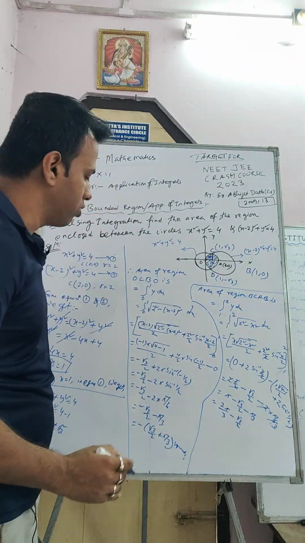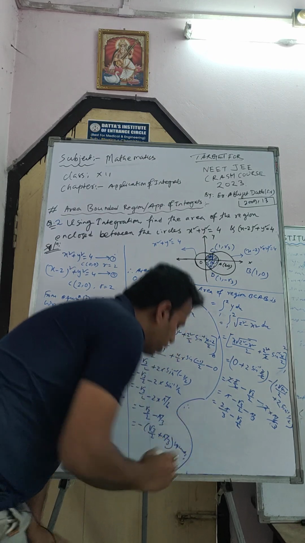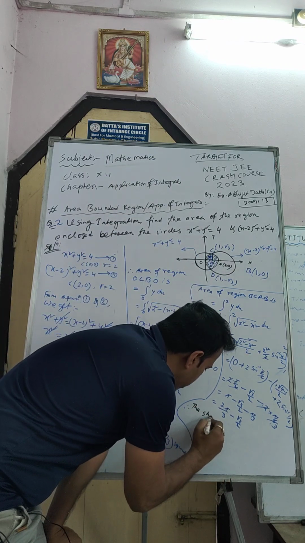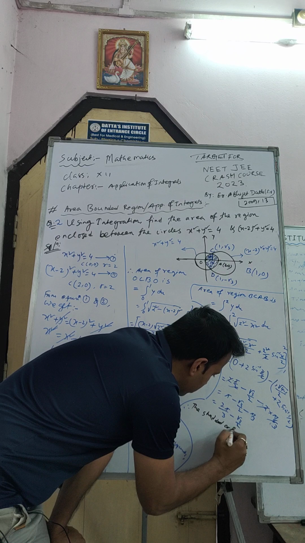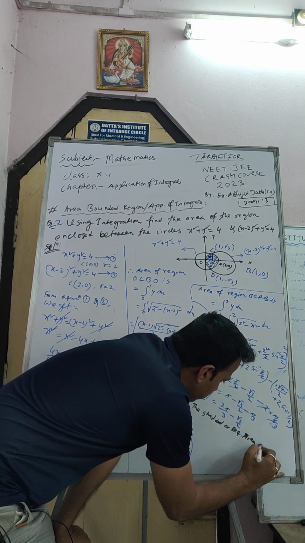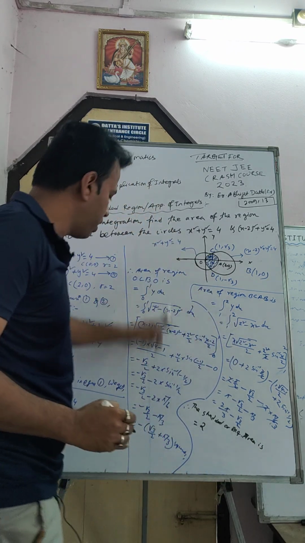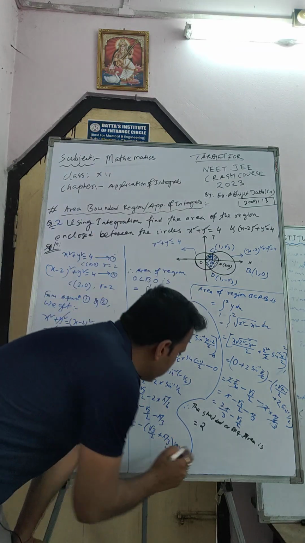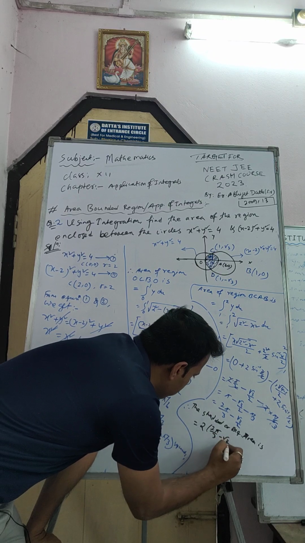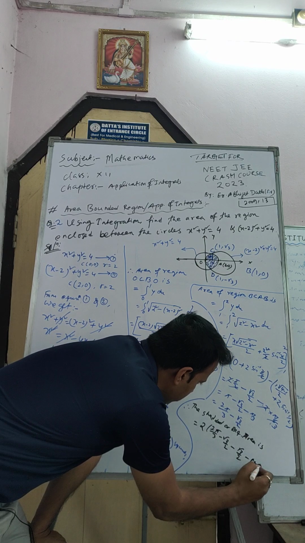Now the required area will be here, therefore the shaded or required area is 2 into this part and this part plus. So 2 pi by 3 minus root 3 by 2, plus minus root 3 by 2 plus pi by 3.